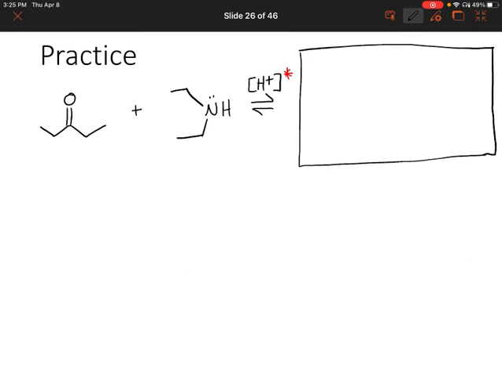So let's draw nitrogen, and in this case nitrogen is bonded to 2 ethyl groups. Okay, and then we have a double bond down below, but that's also on an ethyl group. And then we'll still have our other ethyl group that's going to remain all singly bonded.